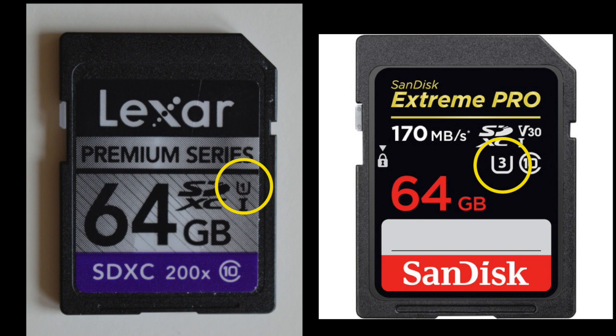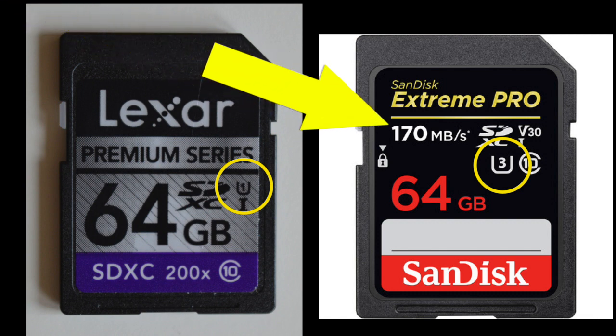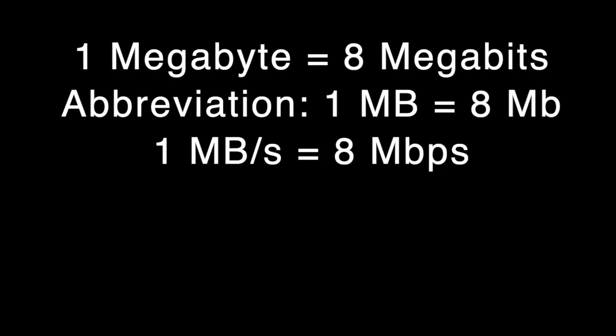Now you'll notice that a lot of SD cards will have a number on there, and that is actually the read speed written on the card. They try to confuse you by using a different type of measurement than we use to figure out what kind of card we need. So there are 2 types of measurements. There is megabit and megabyte.